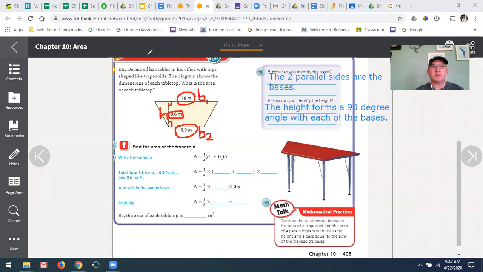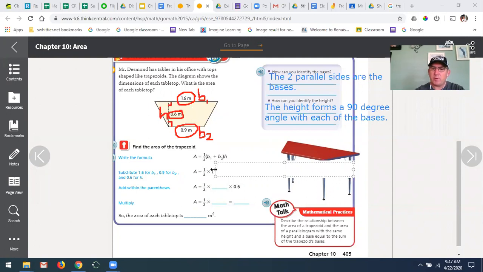Okay, so now we're going to use our formula. A equals half times the sum of base 1 and base 2 times the height. We're going to substitute our values of the two bases.